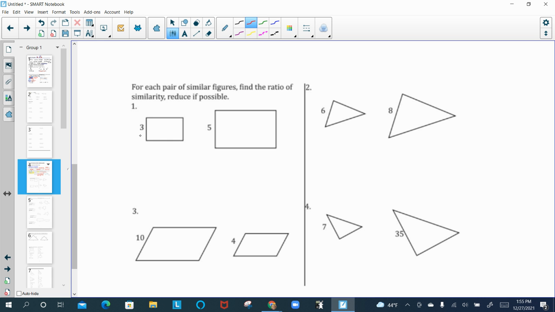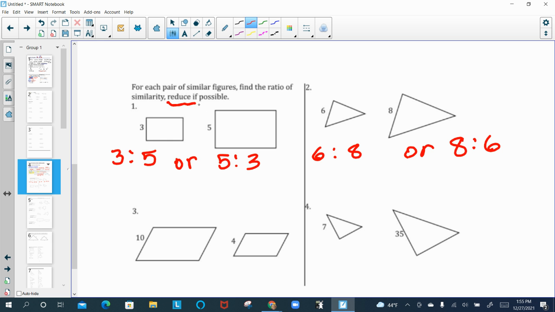You could go small to big, or you could go big to small. And by big, I mean big polygon to small polygon. In number 2, you have triangles. So you could say small triangle to big triangle, or you could say big triangle to small triangle.